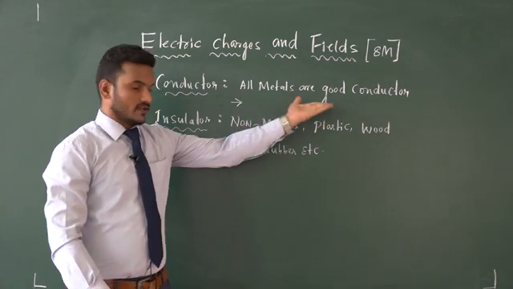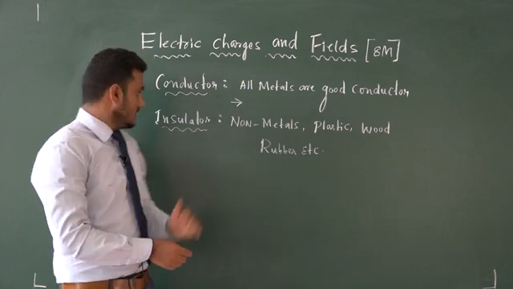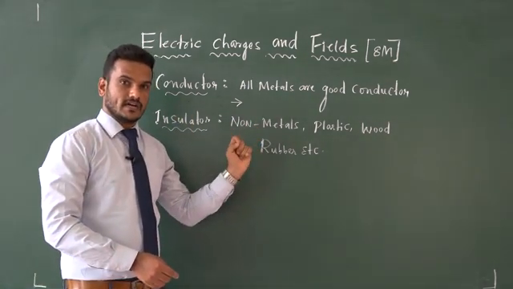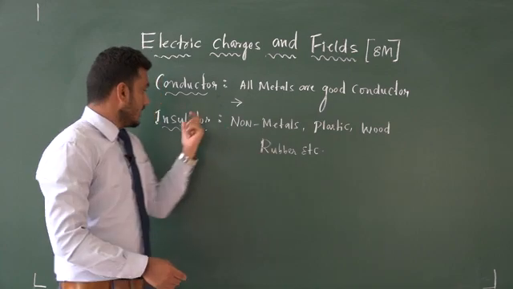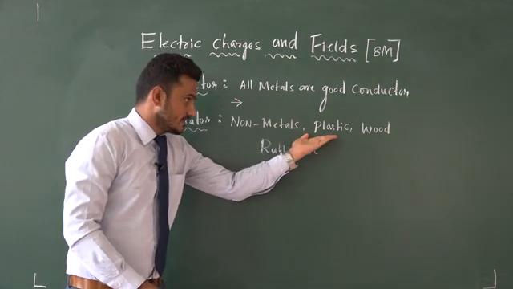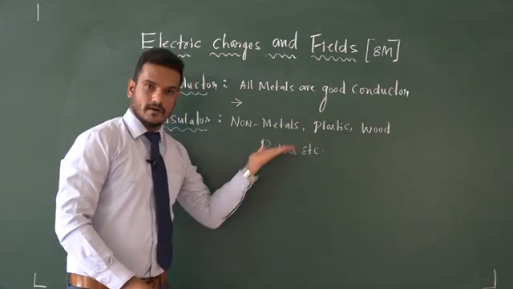Example, all metals are good conductors. You can write metals. An insulator is the substance through which electric charge cannot flow. Example, non-metals like plastics, wood, rubber, etc.